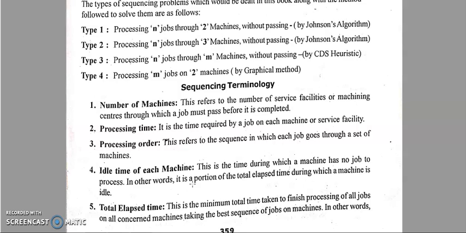So this is about the sequencing terminology. Then we will see some of the assumptions. Here the assumption is that the order which they have given can be modified based on the minimum time. We'll see how this works in solving the problem.